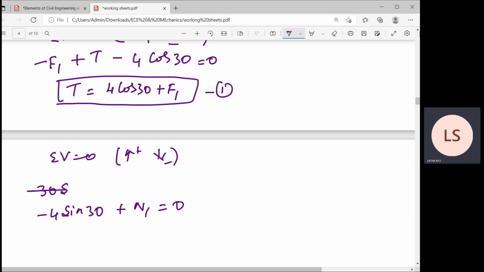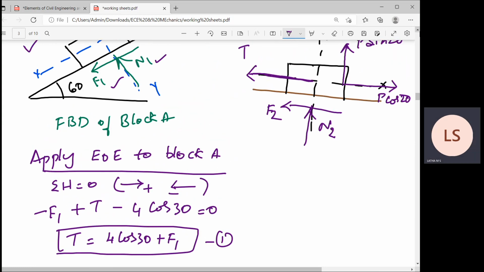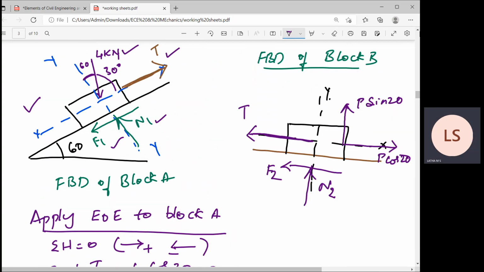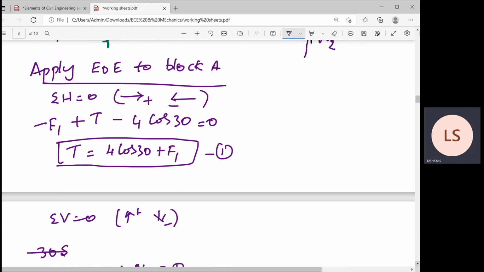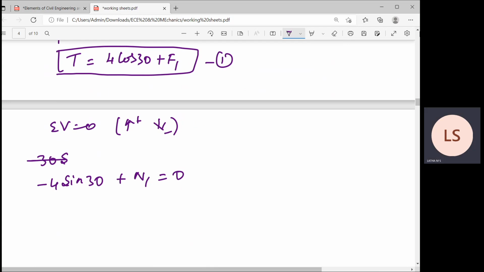And any other force in vertical? In vertical, you find any other force? No. You find N1 and 4 kilonewton. So I'll resolve it. I'll get N1 as some value, 4 sin 30.